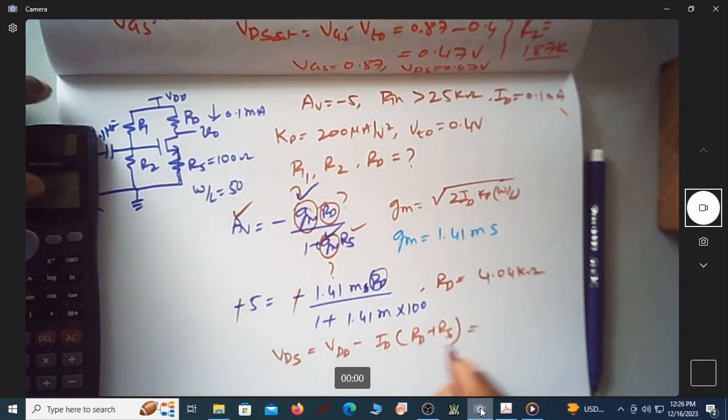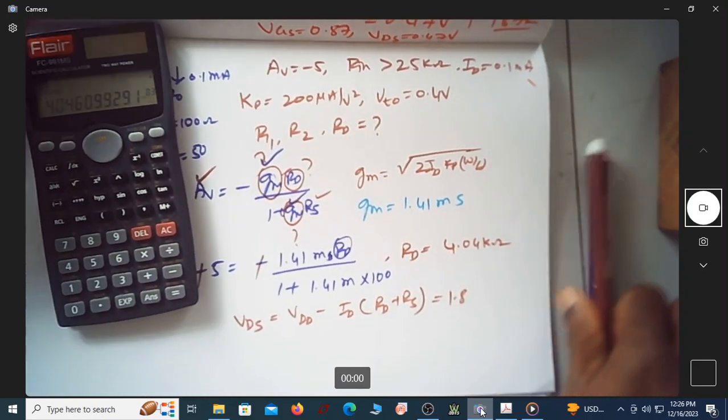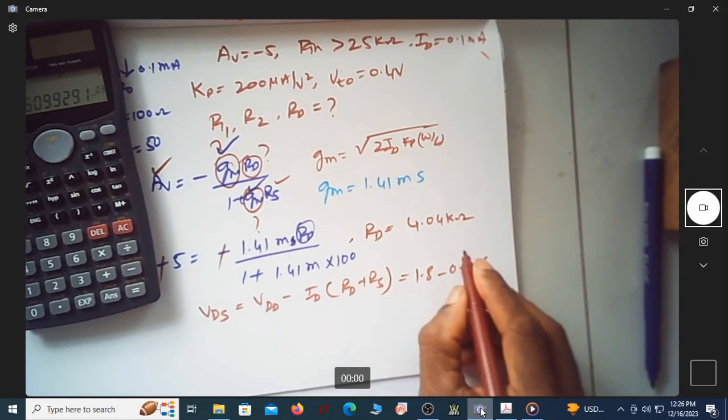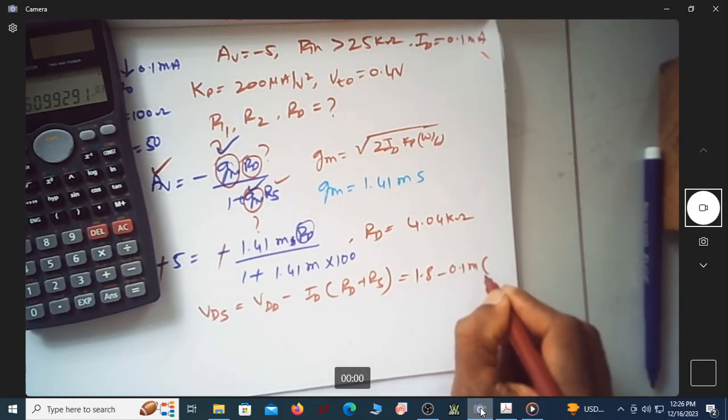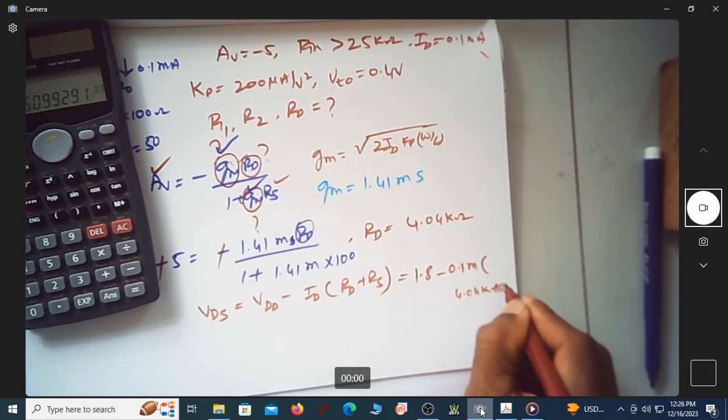So I can find out, it is 1.8 minus 0.1 milli multiplied by 4.04 K plus 100 ohm.